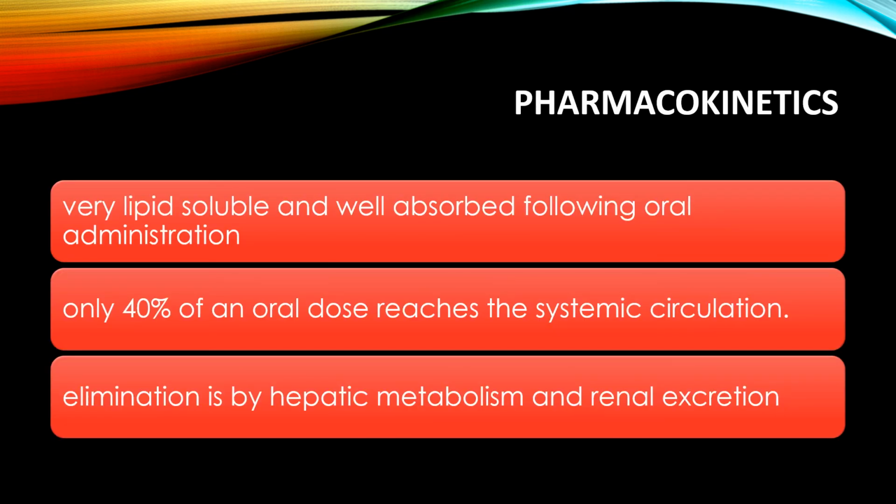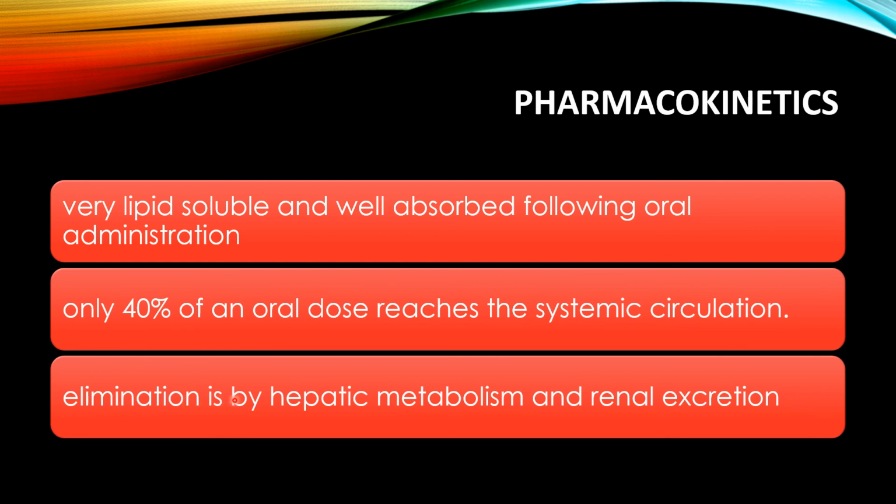For the pharmacokinetics, it is very lipid soluble and well absorbed following oral administration. Like propranolol, metoprolol undergoes extensive metabolism on its first pass through the liver. As a result, only 40% of an oral dose reaches the systemic circulation.